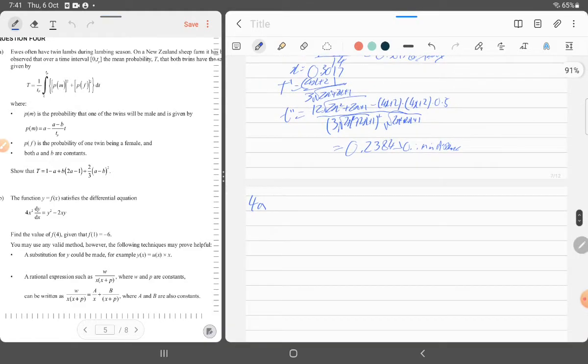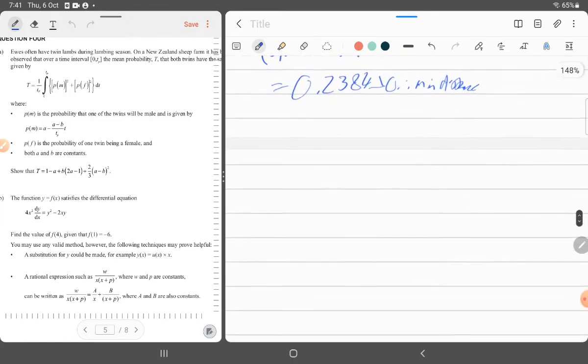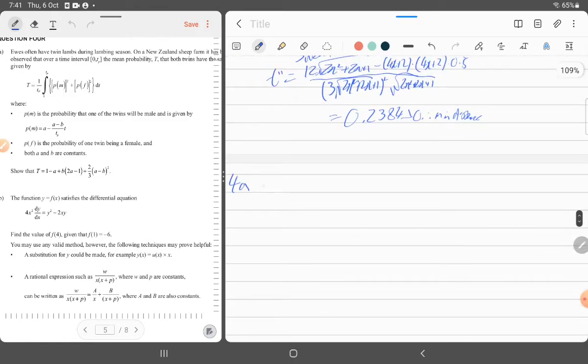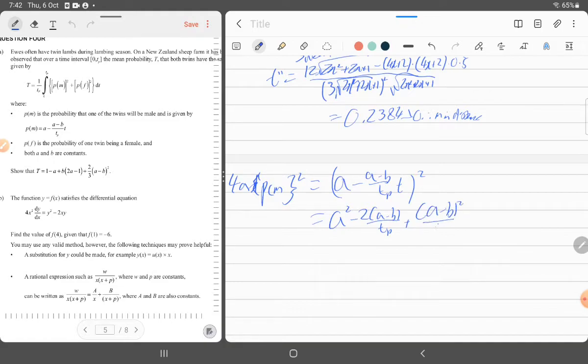So we can give the probability of male as A minus B over TP times t, all squared, which is equal to A squared minus 2A times A minus B over TP t plus A minus B all squared over TP squared t squared.